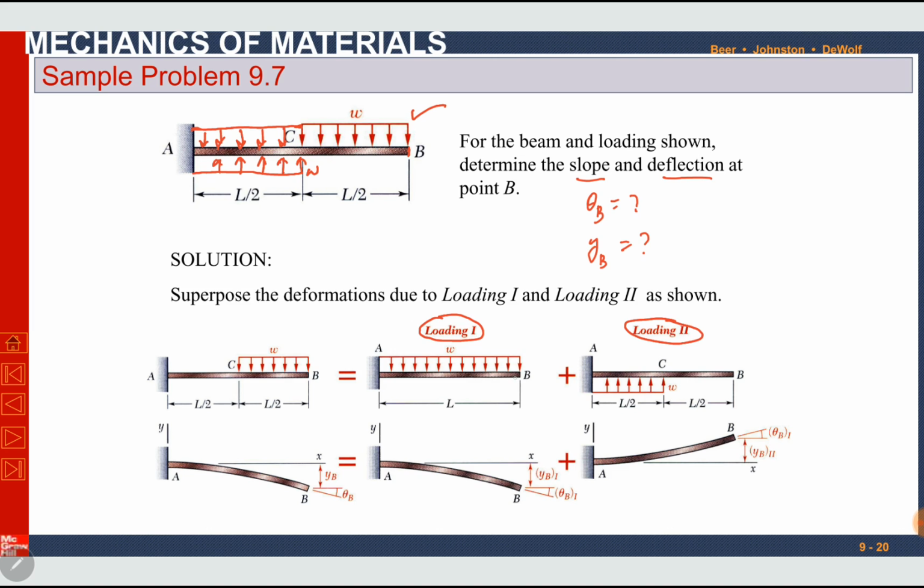We will find at point B y for loading 1 and theta for loading 1. Similarly, for loading 2, we will find y at point B and theta at point B. We will separately find this yB1, yB2, thetaB1 and thetaB2, and then we will add them: yB1 plus yB2 will be equal to total yB.